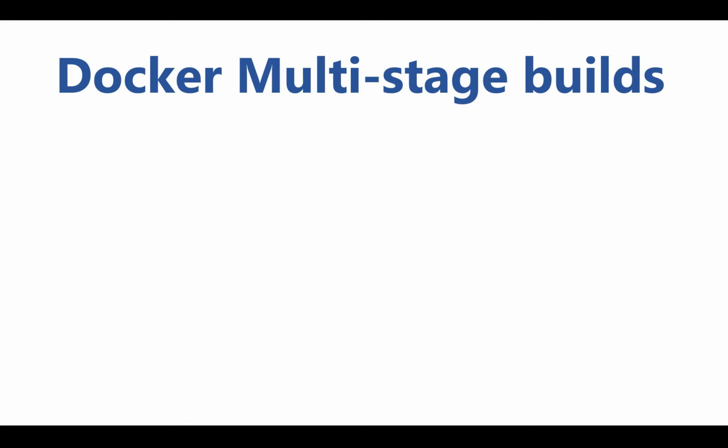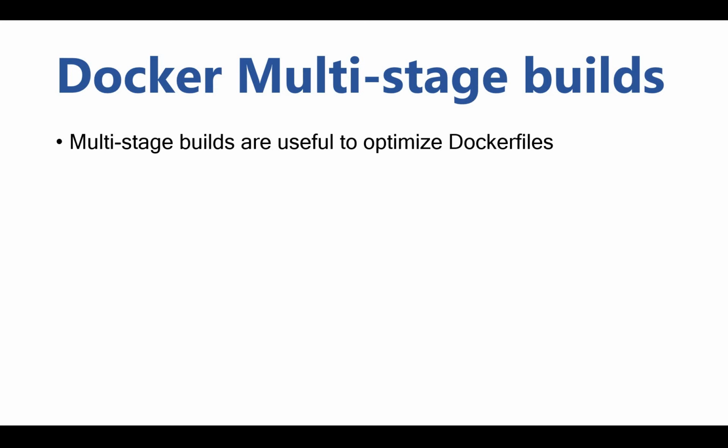So let's get started with Docker multi-stage builds and why, right? I will touch upon the benefits first. The benefit is that using multi-stage build helps you to optimize your Docker files. When you want to build a Docker image, something important is a Docker file, right? Without a Docker file, you're not going to build an image.